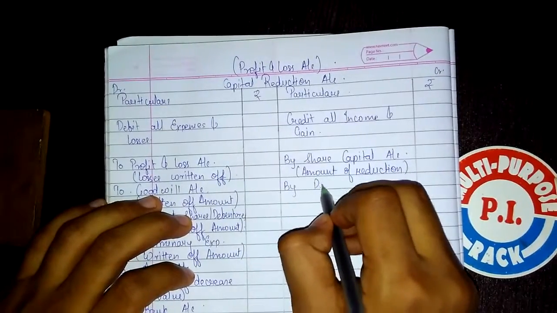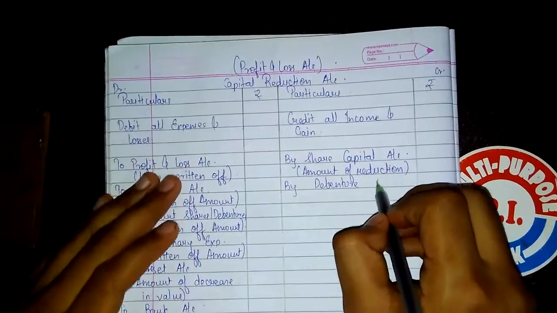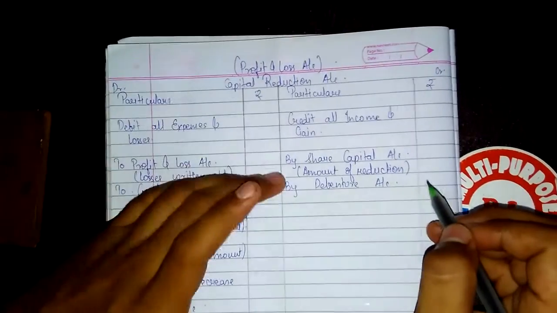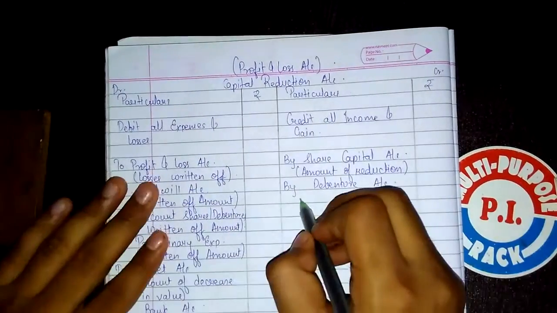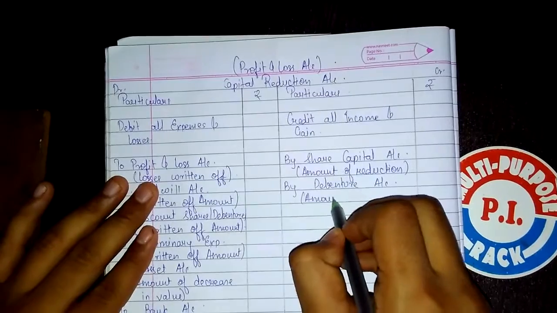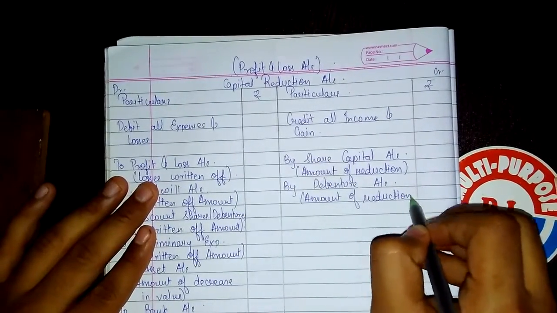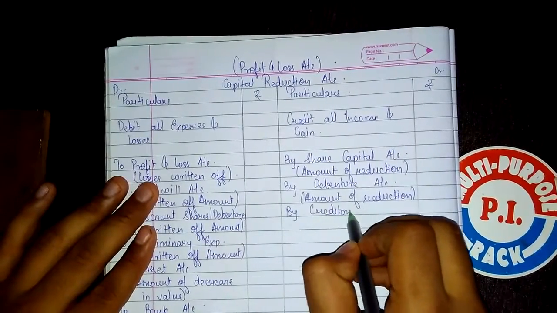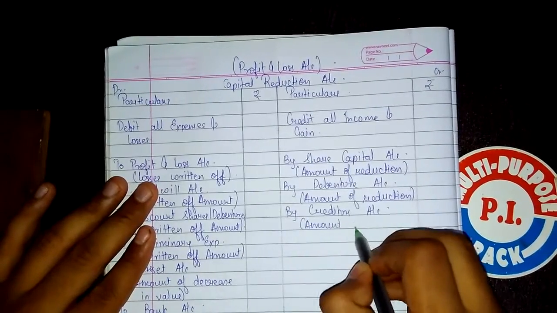By debenture account, similarly to share capital, we have debenture holders, we have reduced the debenture capital, so the difference of reduction should be written over here, the amount of reduction. By creditors account, amount of reduction only.